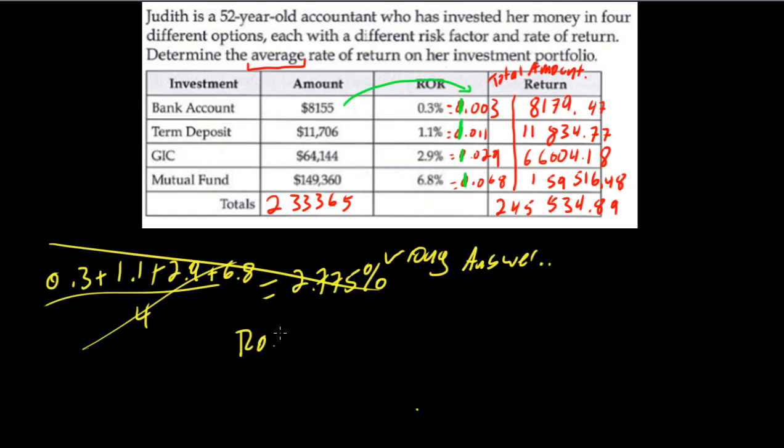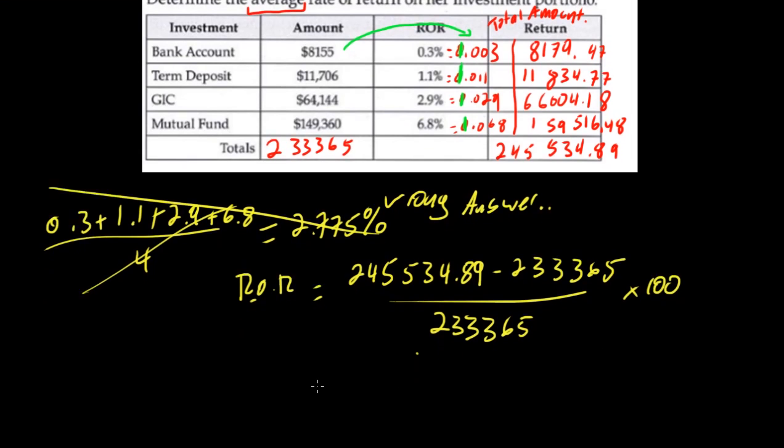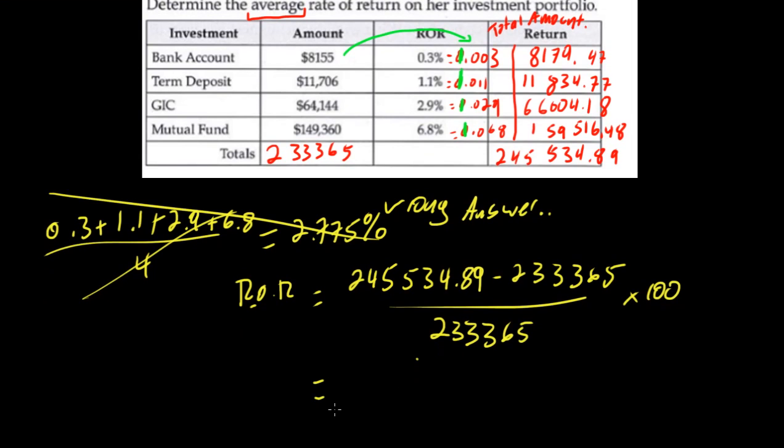So remember, ROR is going to be the current value, which in this case is 245,534.89, minus her previous value, 233,365, divided by 233,365, and then of course we're just going to times it by 100 to get a percentage.